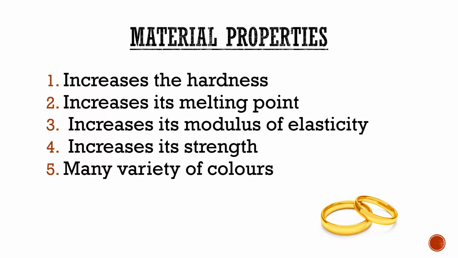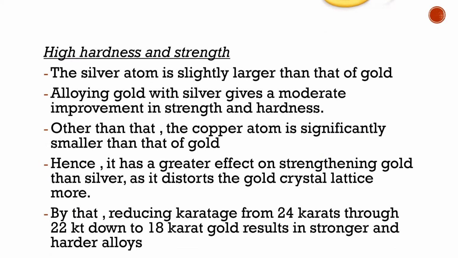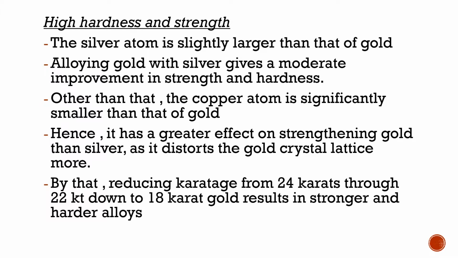Increase the hardness, increase its melting point, increase its modulus of elasticity, increase its strength, and finally many varieties of colors. Hardness and strength. The silver atom is slightly larger than that of gold. Alloying gold with silver gives a moderate improvement in strength and hardness.